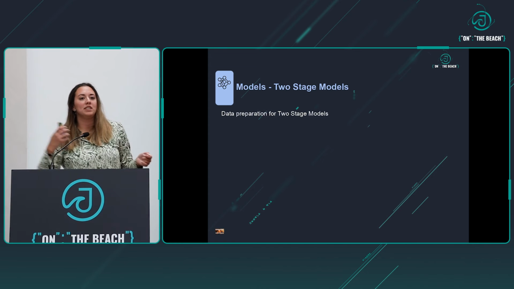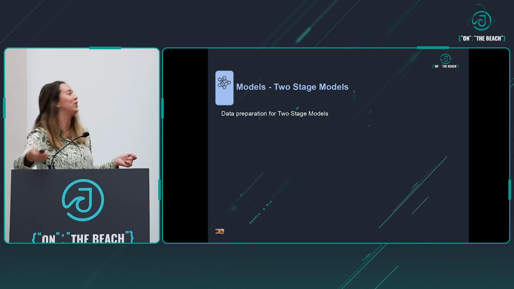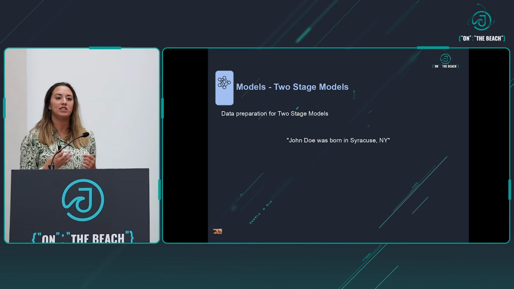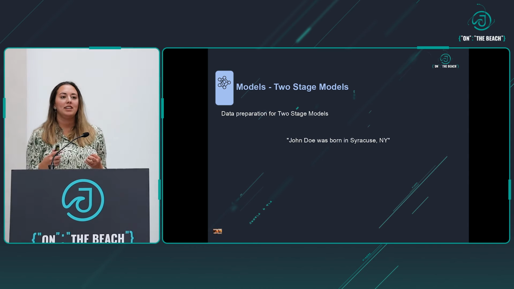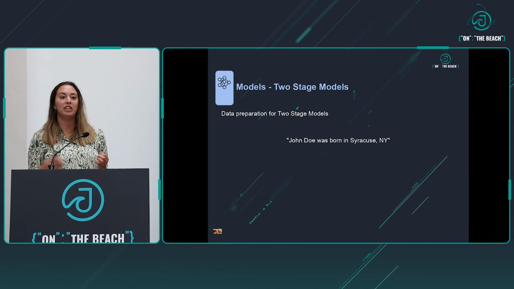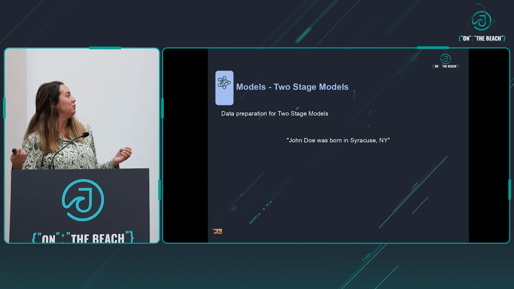For two-stage models, the idea was that we were going to process the text and label it for the first stage model, which was going to be a named entity recognition model. This was doable. I mentioned that labeling was a complex task, indicating the exact position of the data subject.